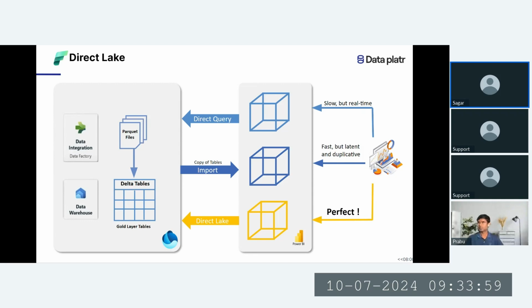Now let's understand what Direct Lake is. Consider this as a magical link to your data. It doesn't use the SQL endpoint, and it also eliminates the data import requirement by accessing the data directly from OneLake. It directly queries the data from the underlying Delta Parquet files.